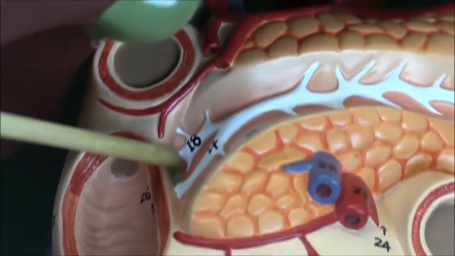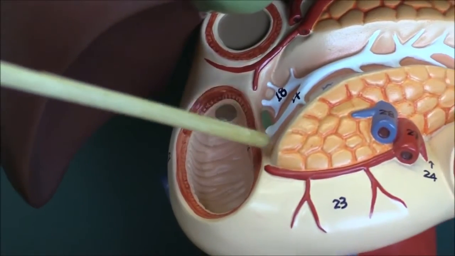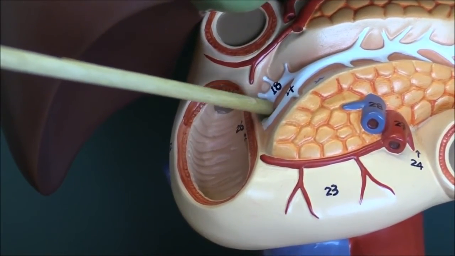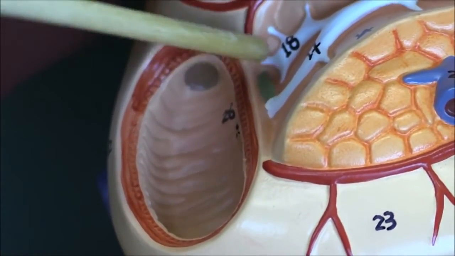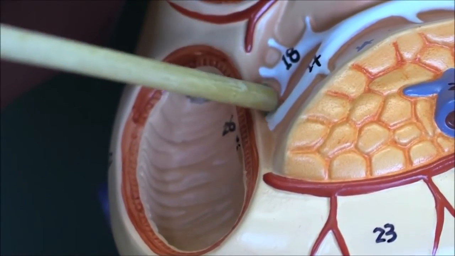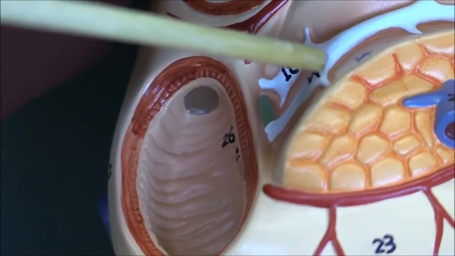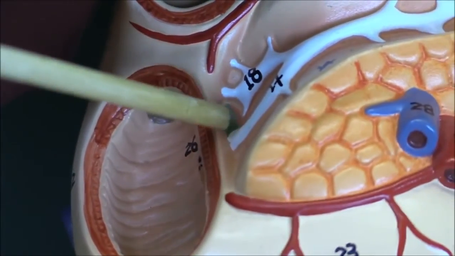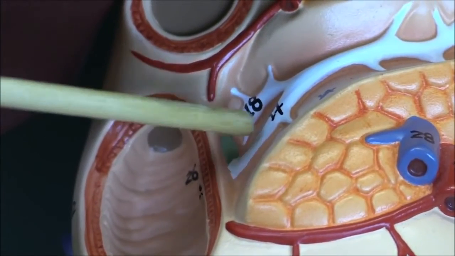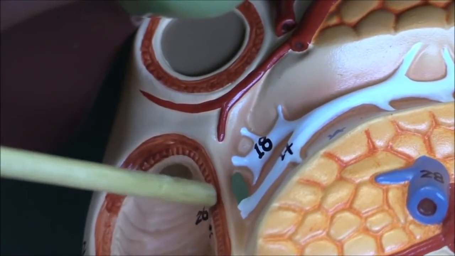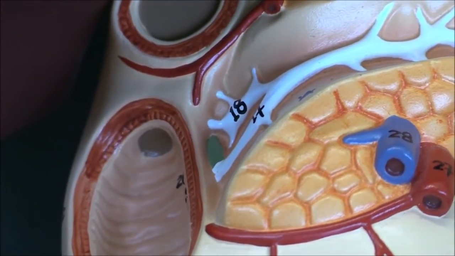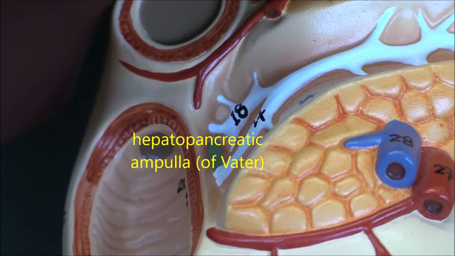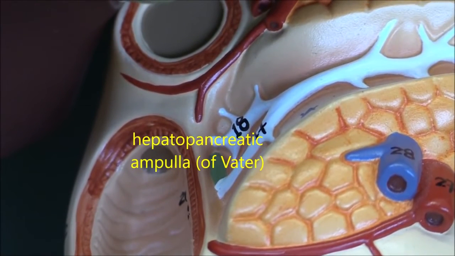If we look in here, you can probably see the bile ducts coming from the gallbladder pass down through the tissues of the pancreas. And it meets up with this pancreatic duct. So here, the common bile duct meets the pancreatic duct, and this final area where the ducts are common is called the ampulla. And in the old days that was called the ampulla of Vater.